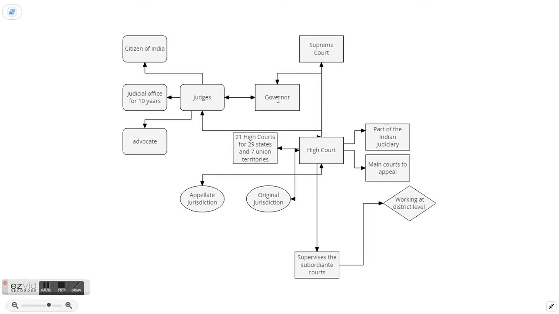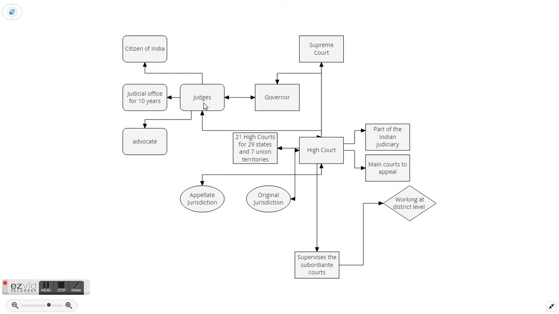While appointing other judges, the President consults the Chief Justice of the Supreme Court, the Chief Justice of the High Court, and the Governor of the state. So when we talk about a High Court, the Governor plays a vital role in selecting or nominating the judges.